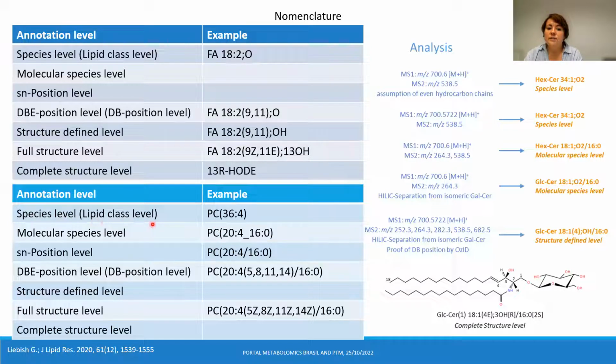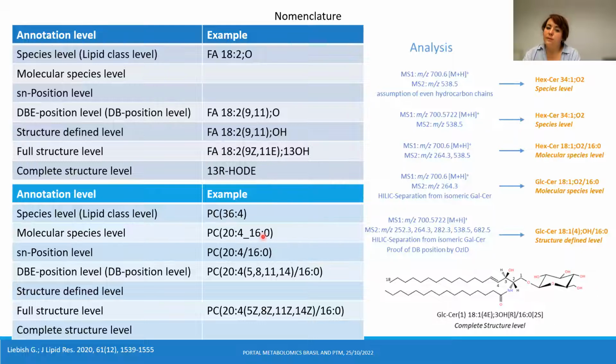Sometimes we do not have enough information to say exactly what the composition of fatty acids is. For example, in positive ion mode, we know only that this is a phosphocholine, and based on the mass, we can say that it contains 36 carbons and 4 double bonds. If this is the only thing we know, this is how we should present our results, and no one will complain about this.